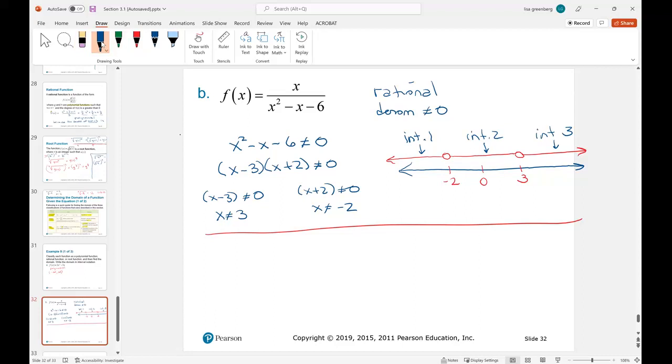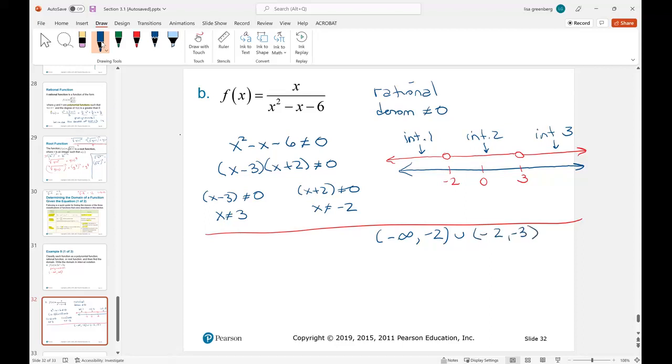And in interval notation, interval 1 goes from -infinity to -2. And it doesn't include -2. Remember, there's that open circle. Union, and then I'm going to use interval 2, which goes from -2 to +3.